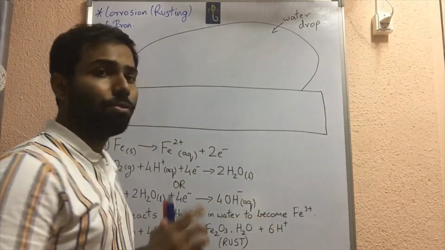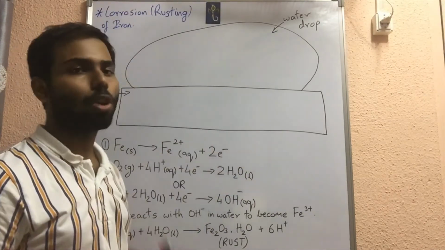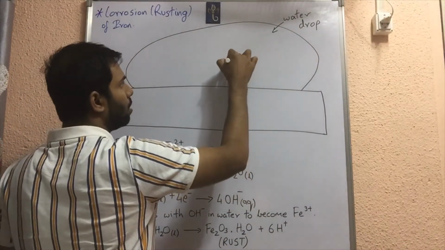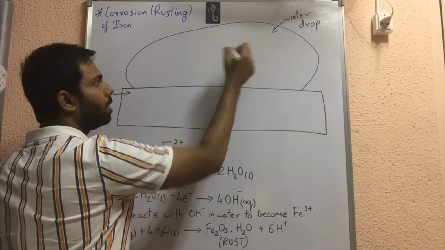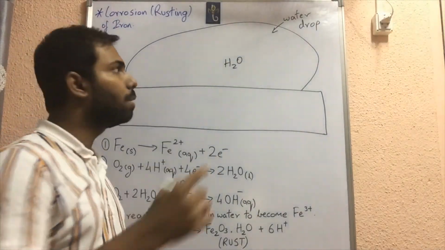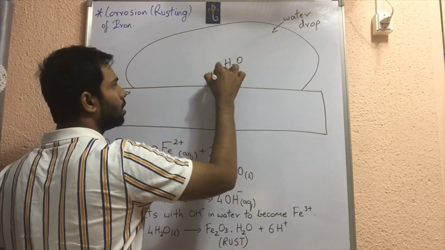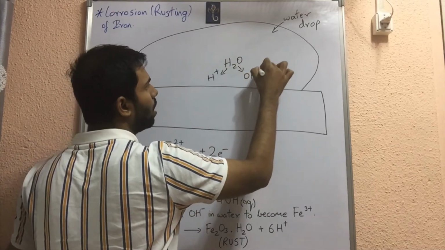First thing we need to know is how does water exist in the water droplet? What do we think? Water always exists in the form of H2O, right? But that's not the complete truth. Water inside water drops also exists in the form of H plus and OH minus.